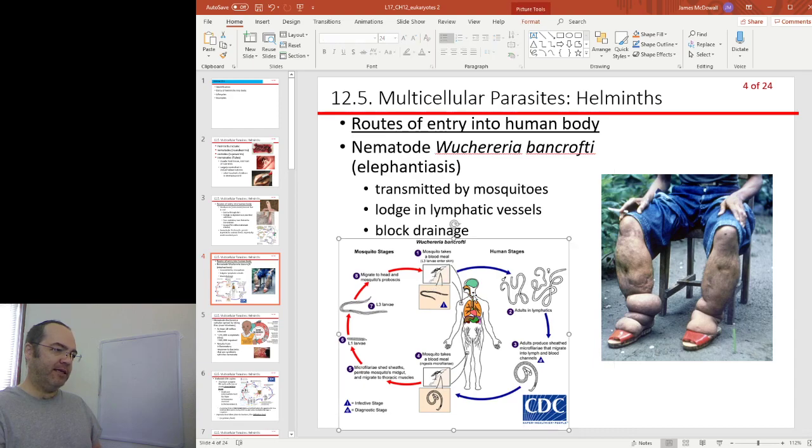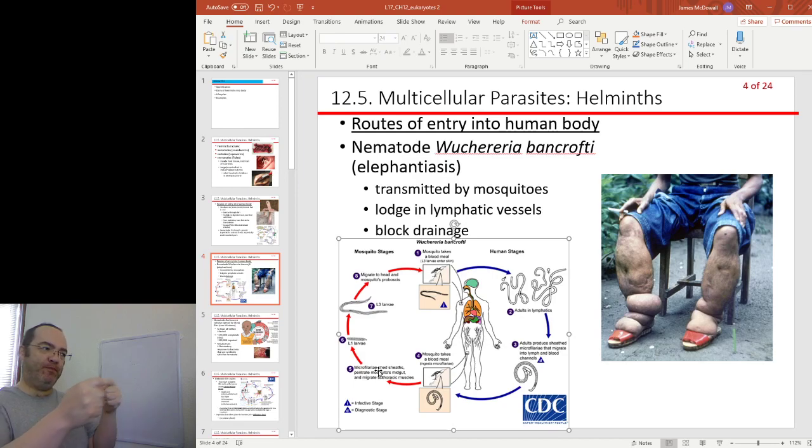So again, there's a complex life cycle. The mosquito takes a bite. It takes this thing called a blood meal. In the blood meal, there is a stage of the worm's life cycle called a microfilaria that gets into the mosquito.